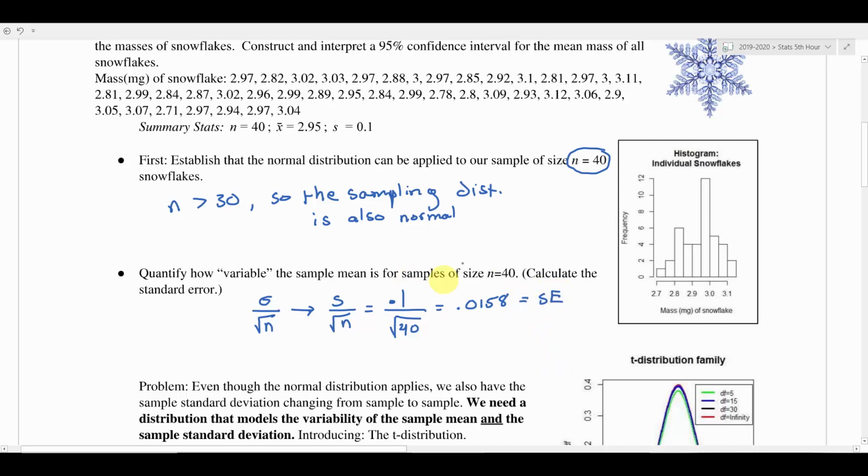Okay, that's another key piece of information. Also, don't forget that our sample mean that we collected here is our point estimate. Another key piece of information that we need.